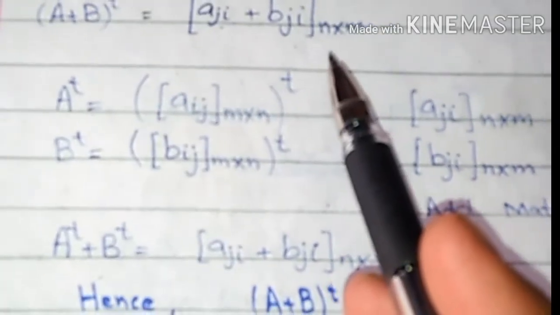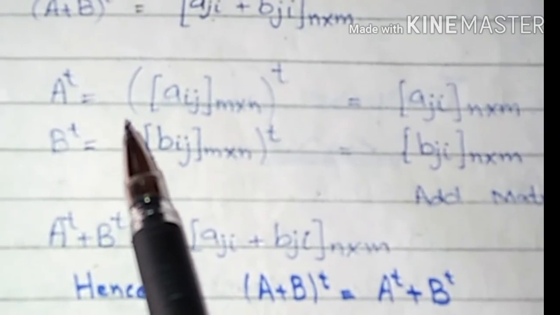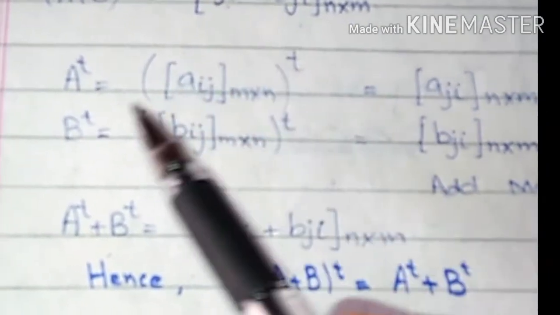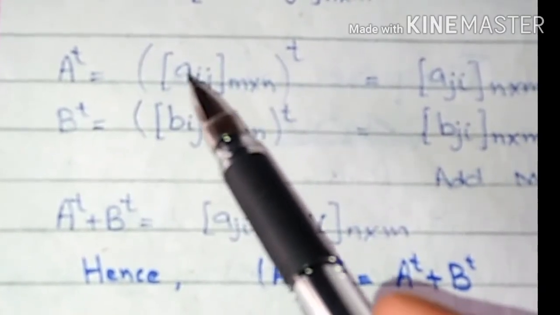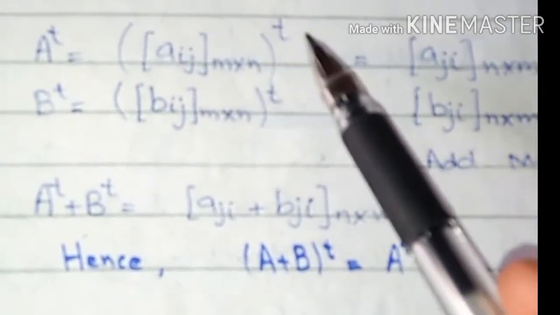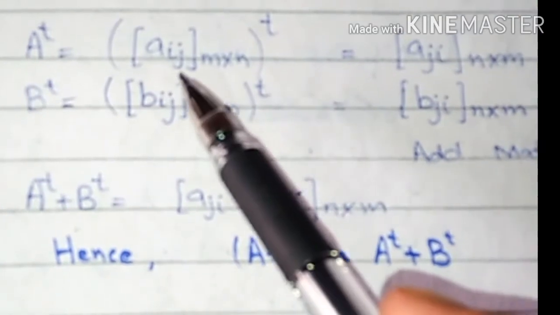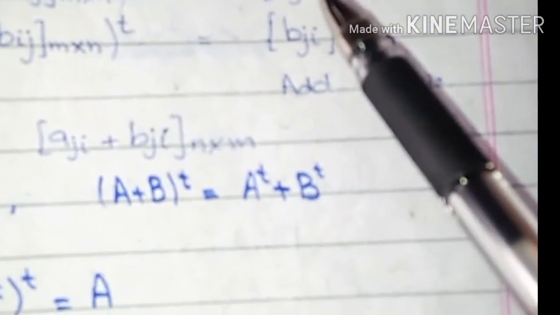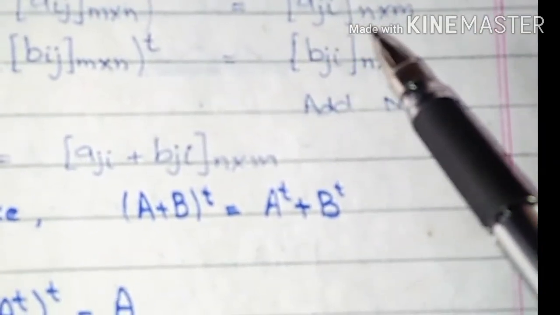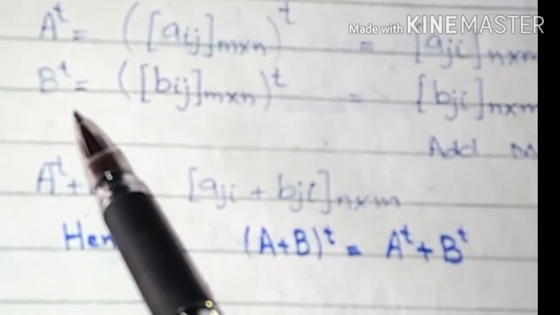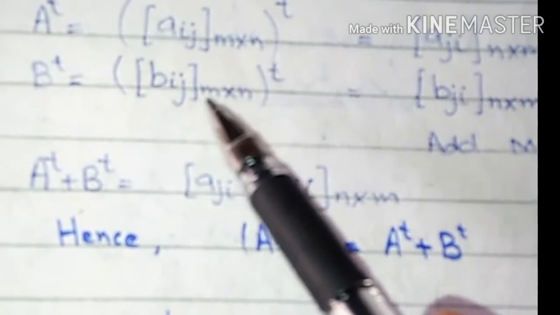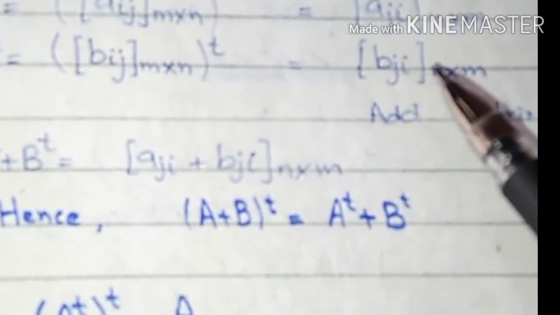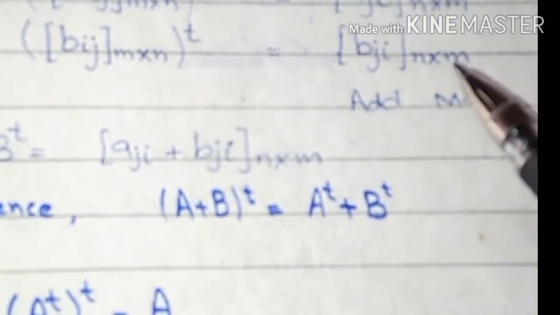Left hand side done, and now we can solve the right hand side of the theorem. A transpose is equal to the A elements in a bracket whole transpose, a_ij m cross n, then its transpose is a_ji n cross m, and B elements b_ij m cross n whole transpose is equal to, after transpose, b_ji n cross m.